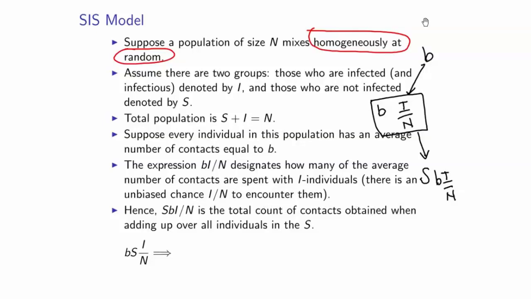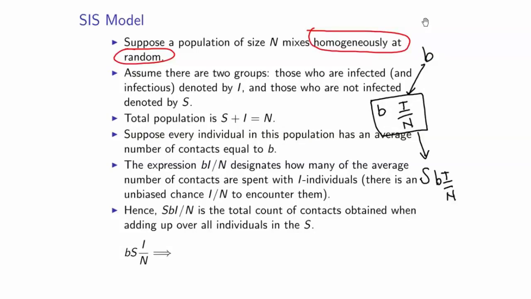This is a rough count though, because remember we started with the assumption that B denotes the average number of contacts, and that average number of contacts is the same for all individuals. So this is a rough raw estimate of the total number of contacts between individuals in the S compartment and the I compartment.